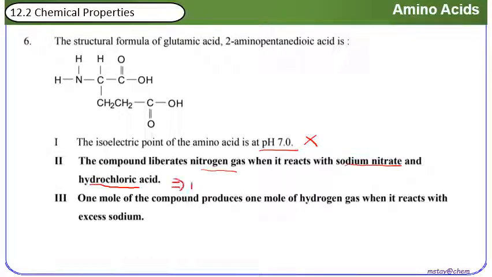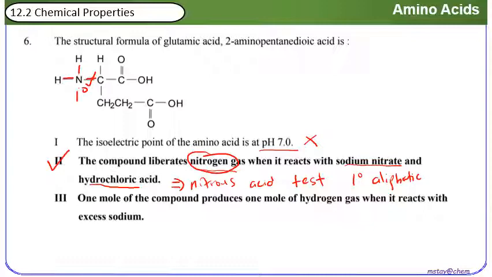So basically this is the nitrous acid test, and for the nitrous acid test, only primary aliphatic amine will give nitrogen gas. So we can try to check here. This is the amino group, and this nitrogen consists of 3 bonds, only 1 bond bonded to the carbon. So this is the primary aliphatic amine. So option 2 is correct.